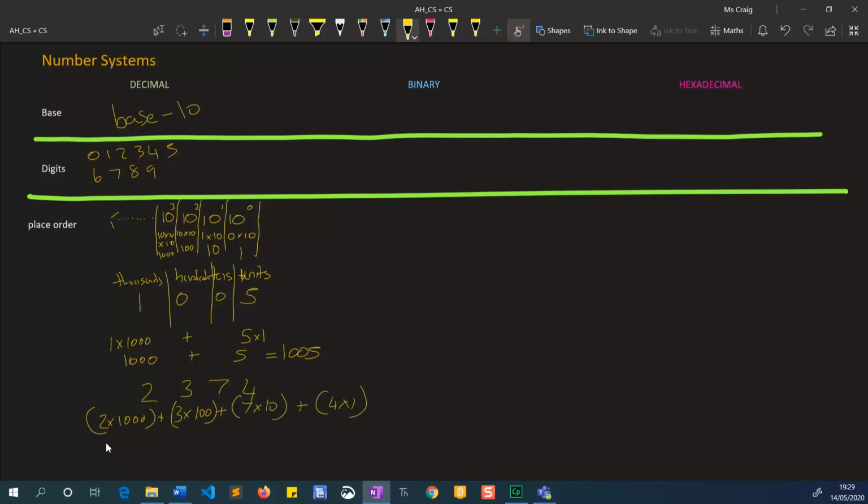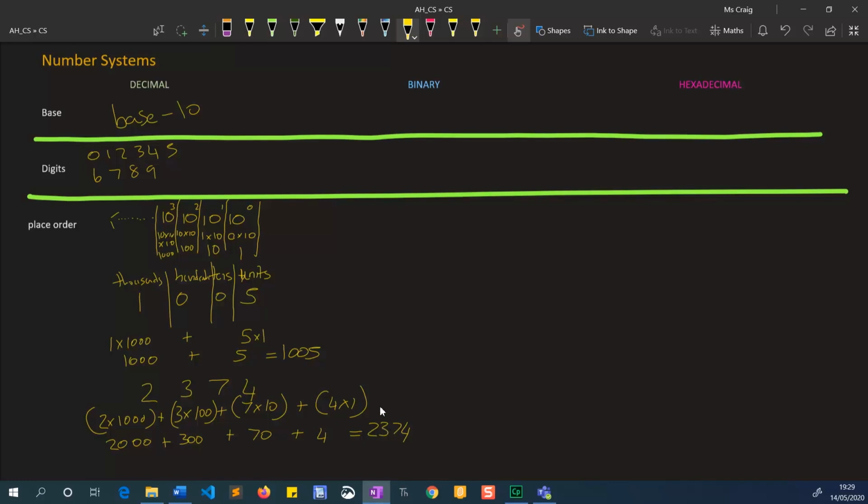So that is 2,000 plus 300 plus 70 plus 4 equals 2,374. The order that these symbols appear in explains the size of the number. If this 2 was over here to the right, then it wouldn't be 2000, it would be 2 units. So it's very important.